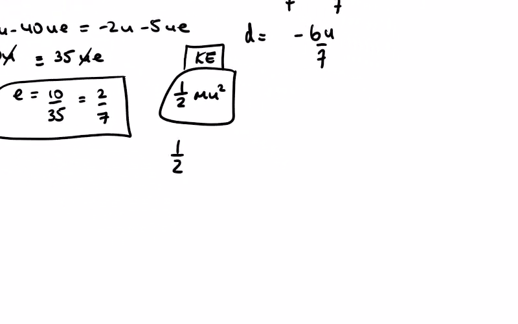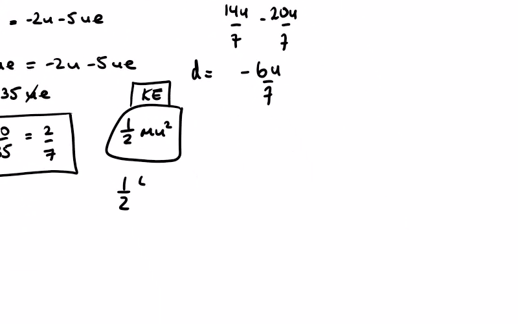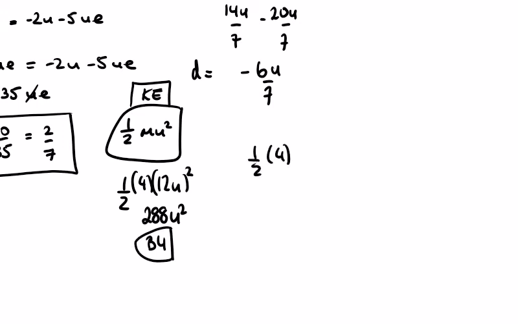So a half, and the mass was 4. A half times 4 times 12u squared is 2 times 144u squared, 288u squared before. And now the energy is a half times 4 times 6u over 7 squared, which is twice 36 over 49, 72 over 49, and that will be u squared.